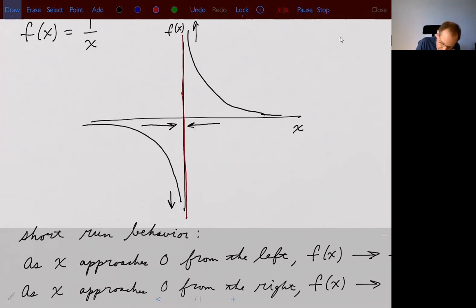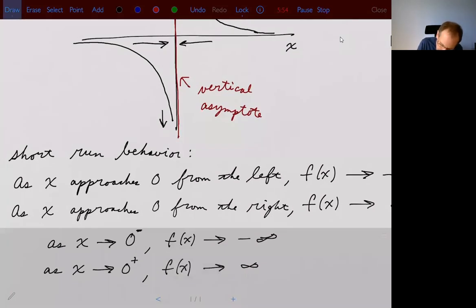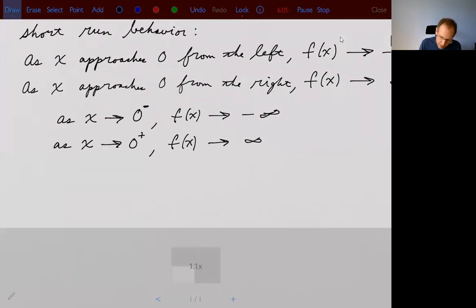This is called a vertical asymptote. And the equation of that line is, remember, a vertical line always has the equation x equals a constant. In this case, it'd be x equals 0.